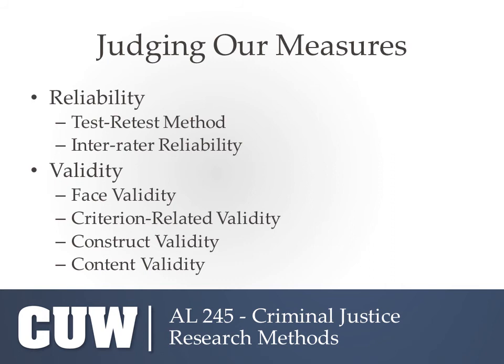The second one, criterion-related validity, is a little more complicated, a little more complex. Here we compare the measure that we're using to some outside criterion. The measure will be shown to have validity if it can be used to predict or explain values on some other variable.